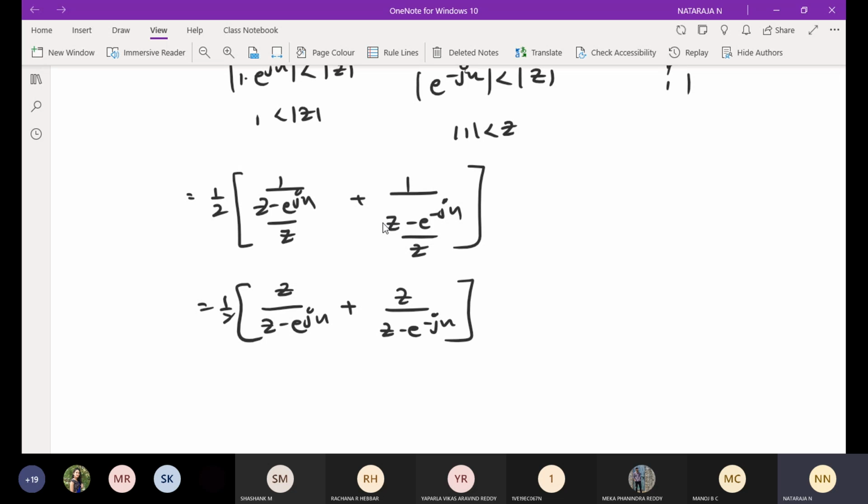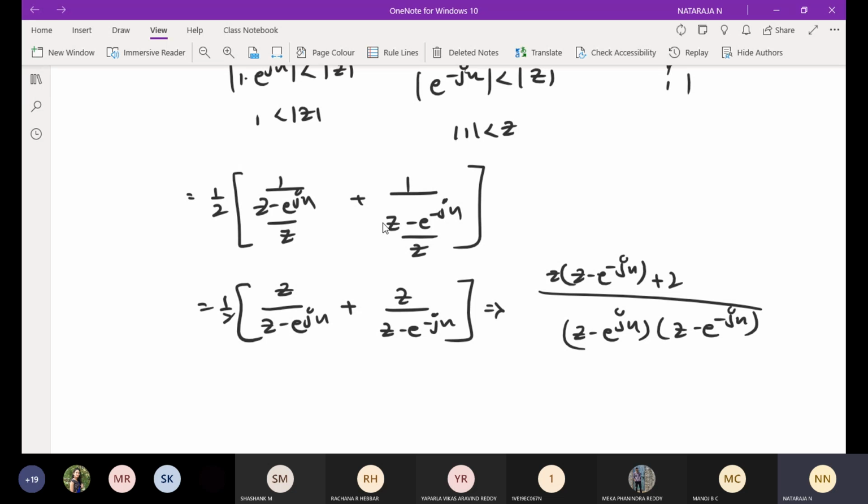Take the LCM and simplify: z minus e power j omega into z minus e power minus j omega in the denominator, and in the numerator z into z minus e power minus j omega plus z into z minus e power j omega.